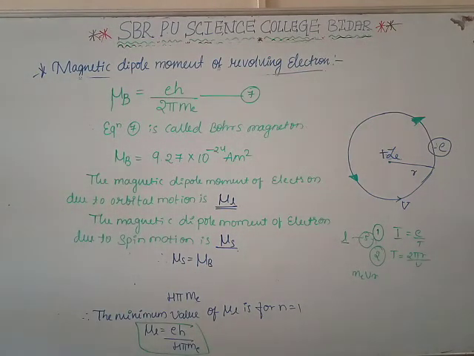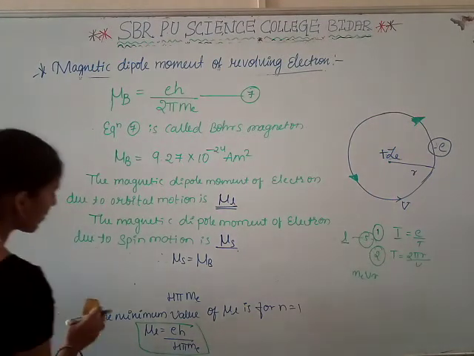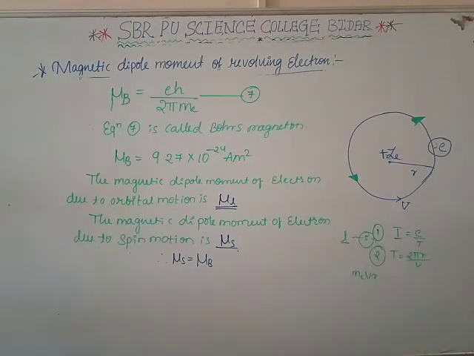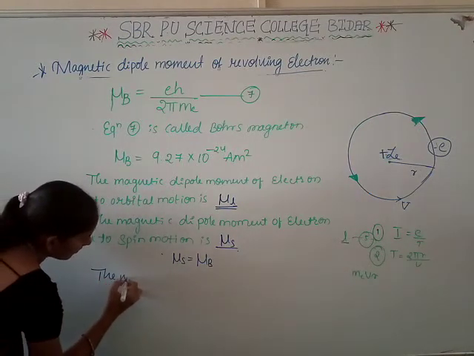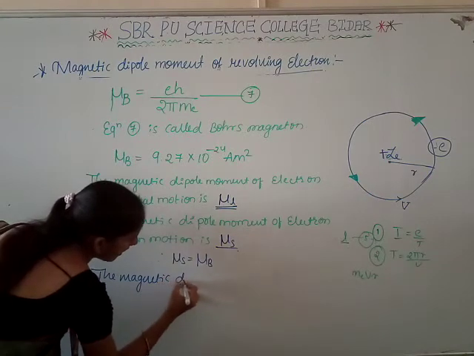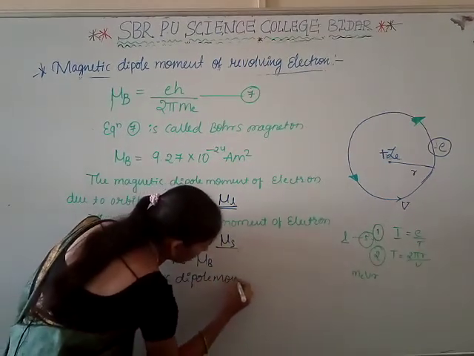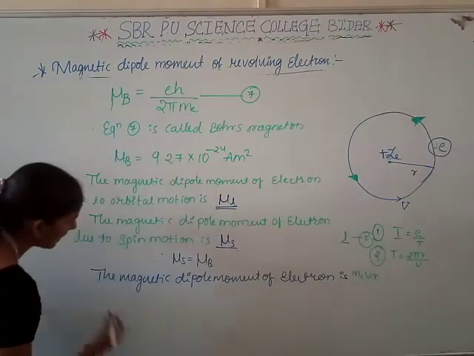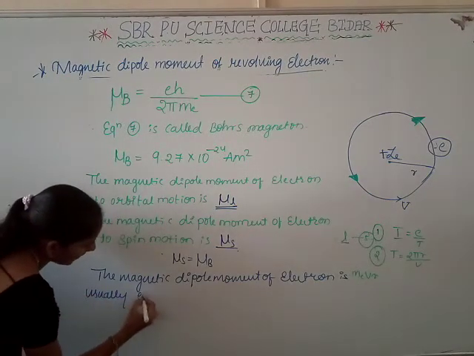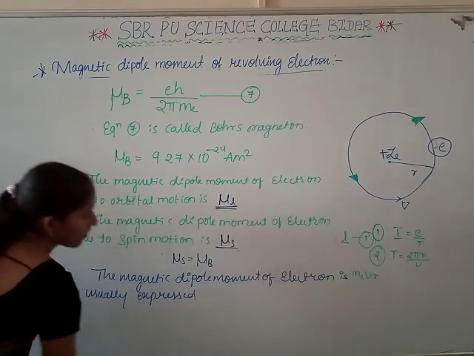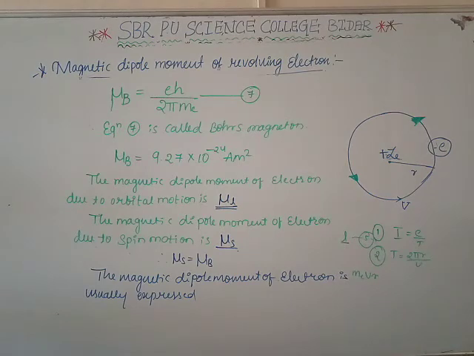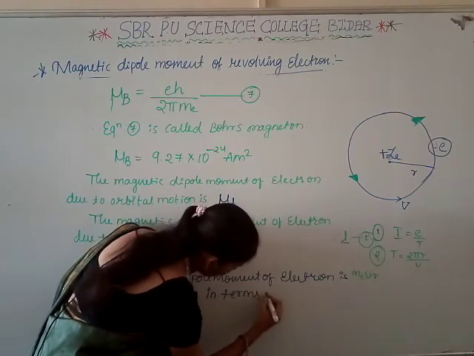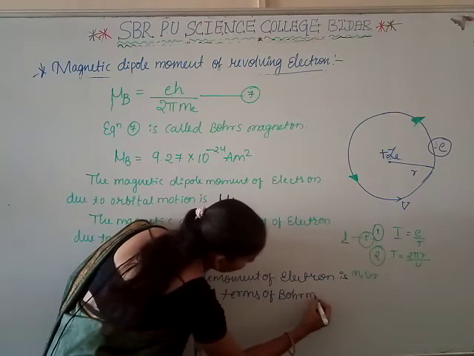We can write that the magnetic dipole moment of electron is usually expressed in terms of a Bohr magneton.